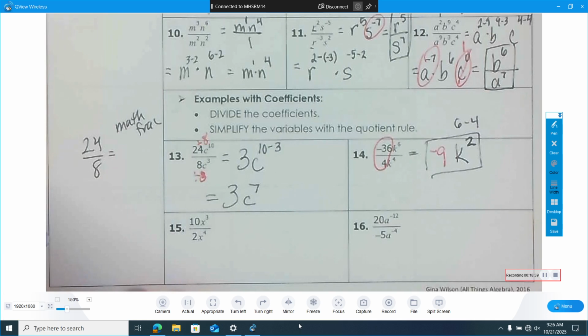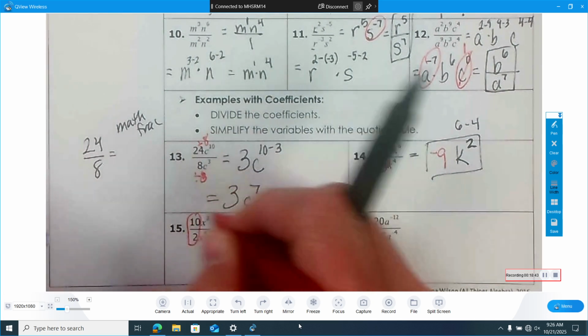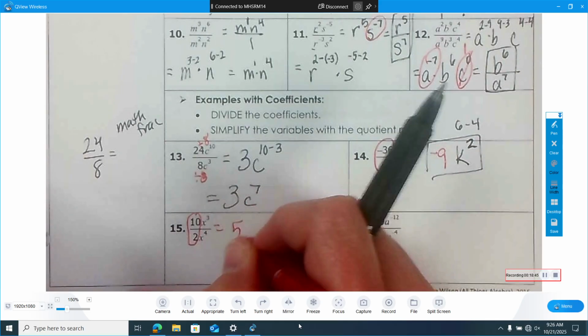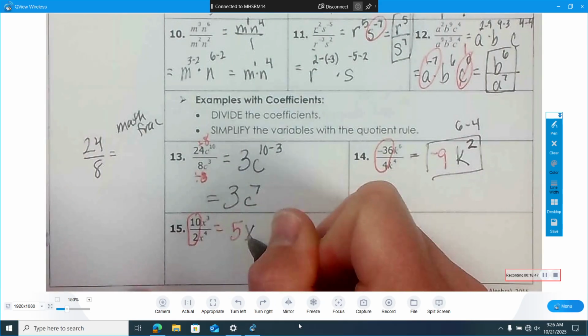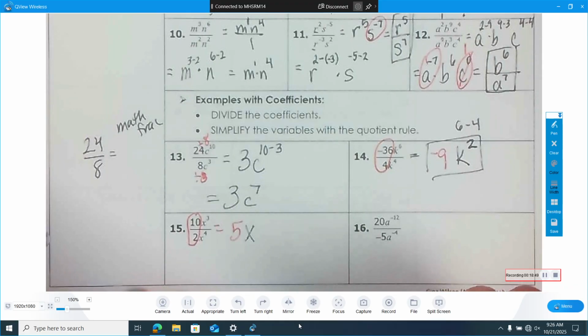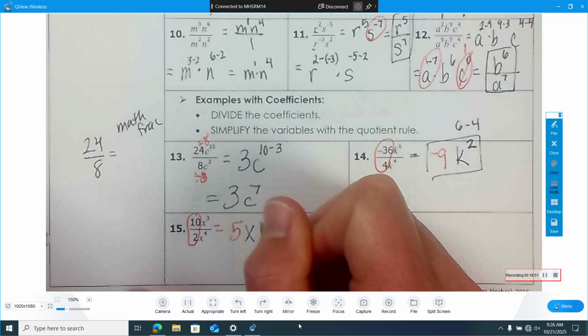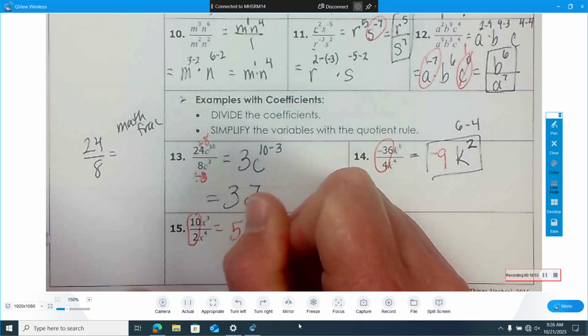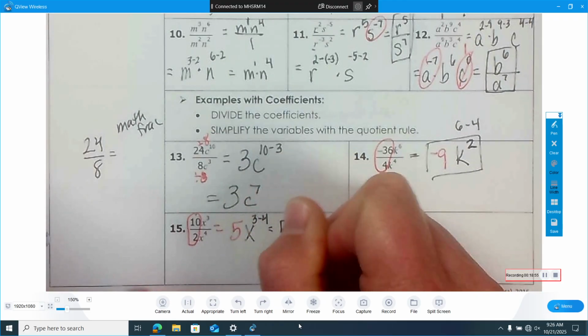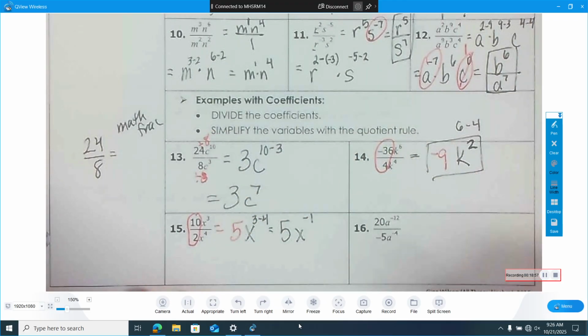All right, let's look at number 15. So I see some numbers. I see 10 over 2. What is 10 over 2? 5. Very good. And then we have our x to what power? Negative 1. How'd you get negative 1? 3 minus 4. So we get 5x to the negative 1.